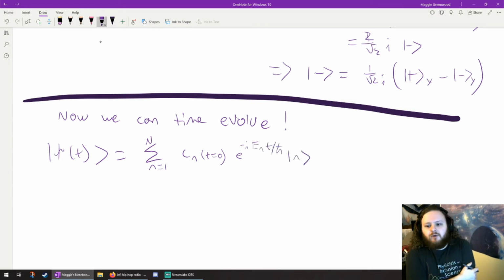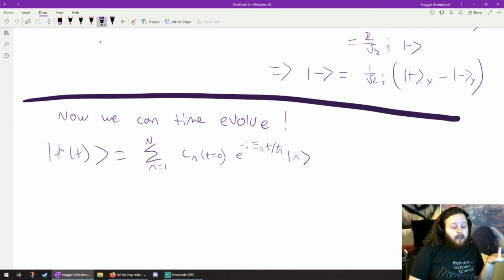That is your time evolution, the big super equation that you need to just have floating around in your brain. And this looks actually a lot better in the situation that I was given here.